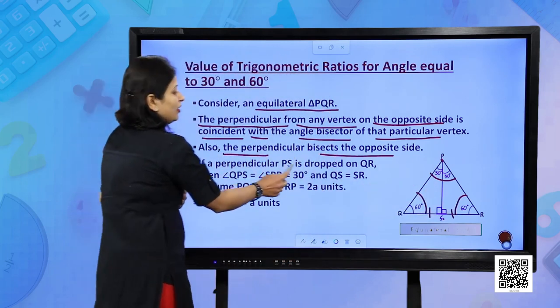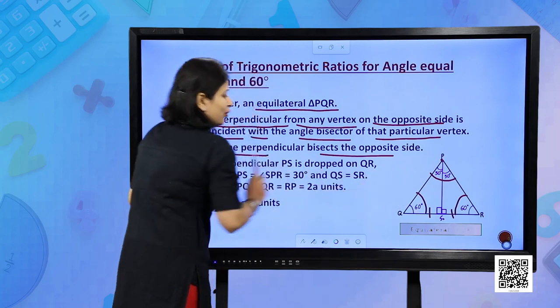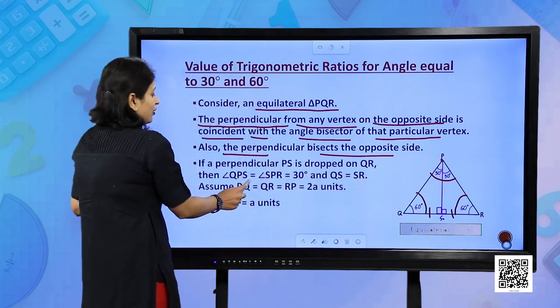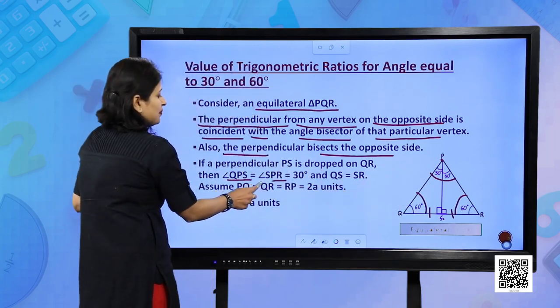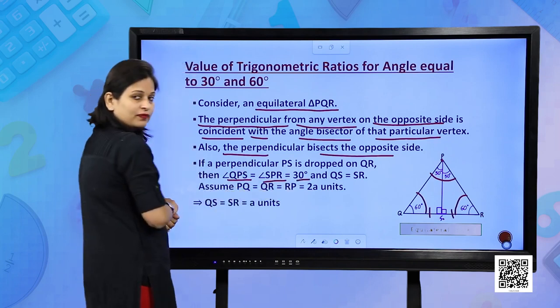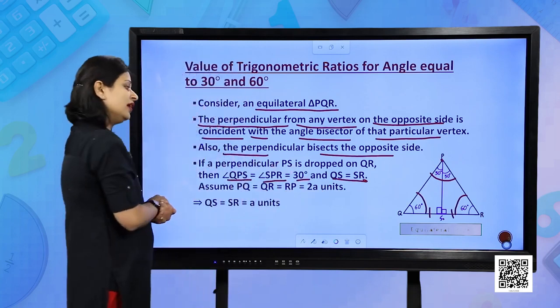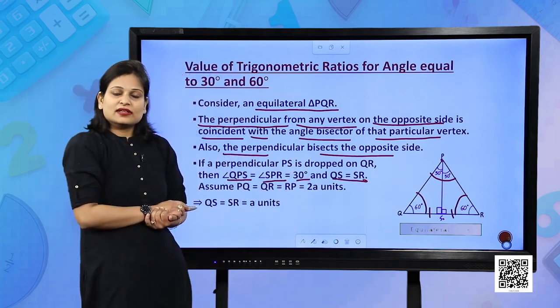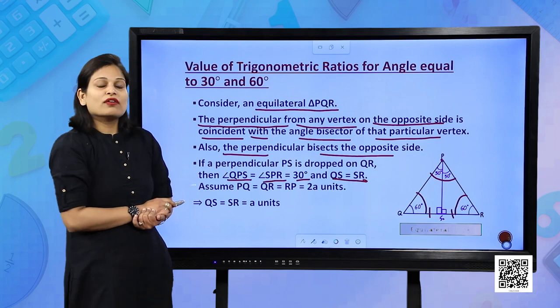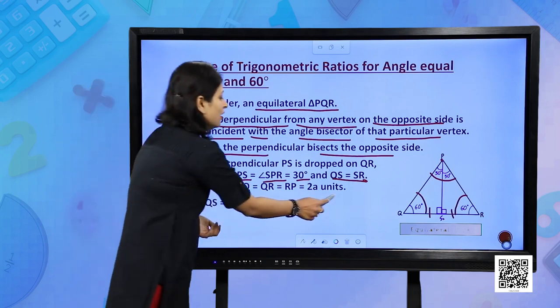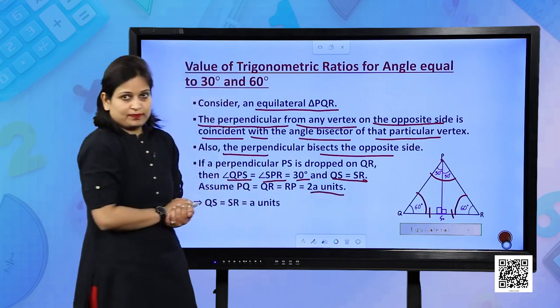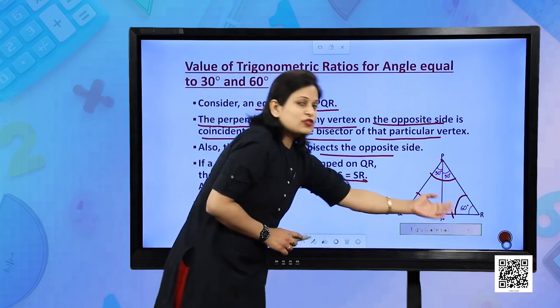So, if a perpendicular PS is dropped on QR, then angle QPS and SPR are of 30 degree and QS and SR are equal. Now, let us consider the measure of sides of an equilateral triangle as 2A units. QR is also 2A.